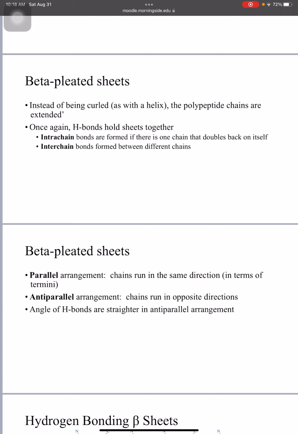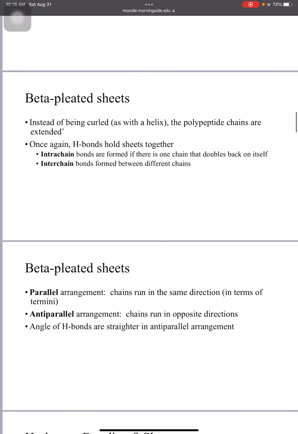All right. The other really commonly found secondary structure is beta-pleated sheets. Again, you've probably heard of these. This is a little bit different. Instead of taking a protein chain and coiling it up, bunching it up a little bit, in this case you're stretching the chains. You're spreading them apart as far as they can go.